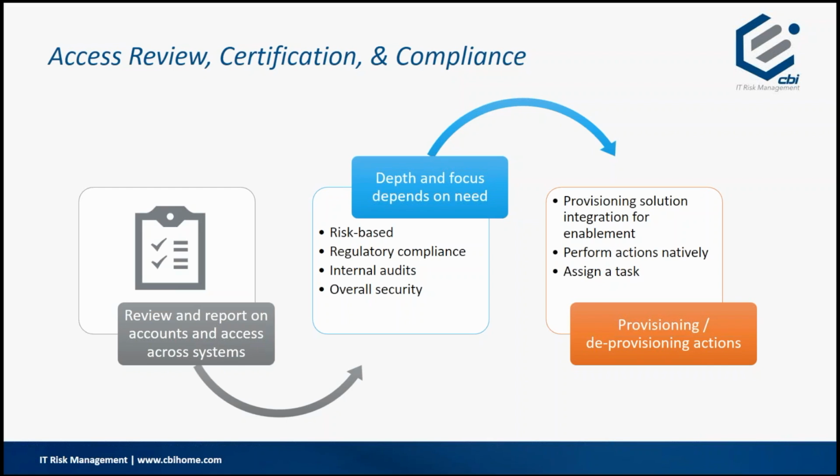One of the elements of that, and we find that is more and more important, is ensuring that review of that access is risk-based. There are certain amounts of risk assigned to certain levels of access within an organization.